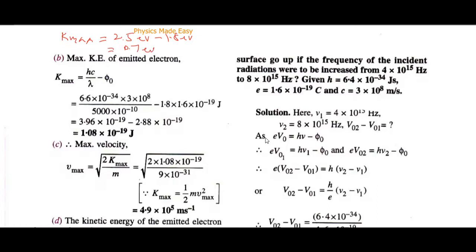And from here, if you convert it into joules, this will be 0.7 into 1.6 into 10 raised to power minus 19, and it will come out to be 1.12 into 10 raised to power minus 19, from where you can even find out the velocity.